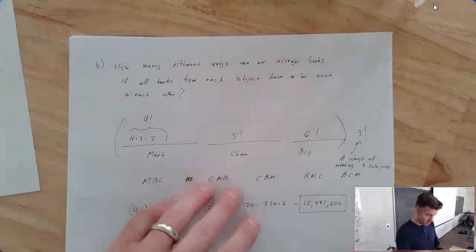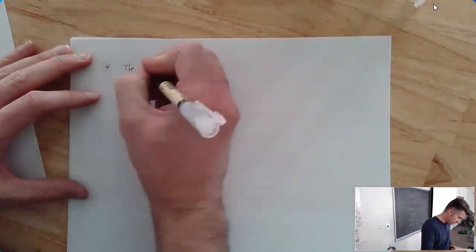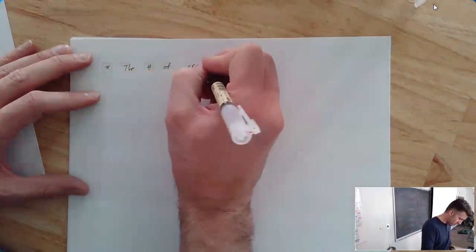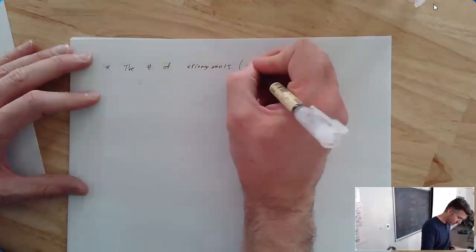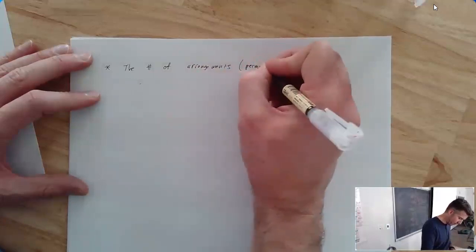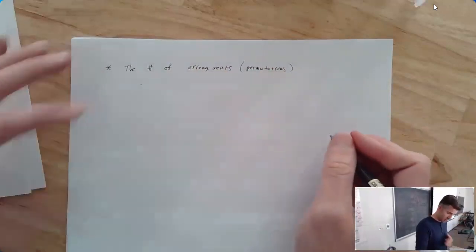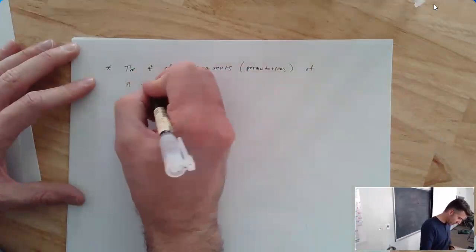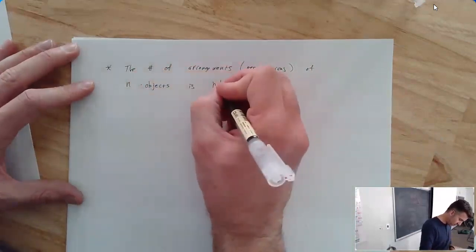So very generally, the number of arrangements or orderings, or whatever you want to call it, or permutations, which is kind of the most official math word for it, of n objects is n factorial.